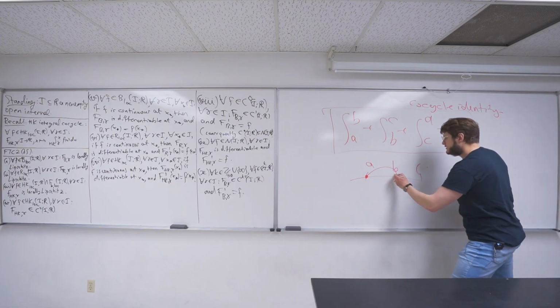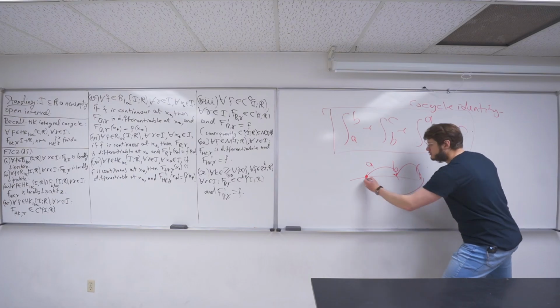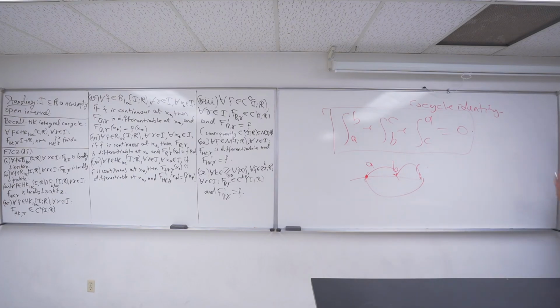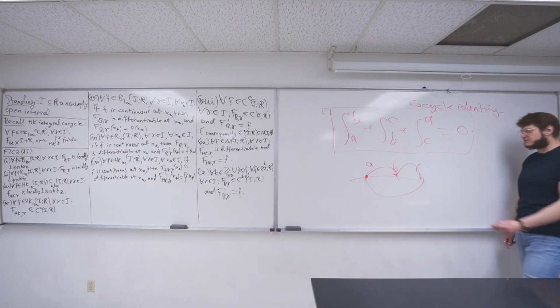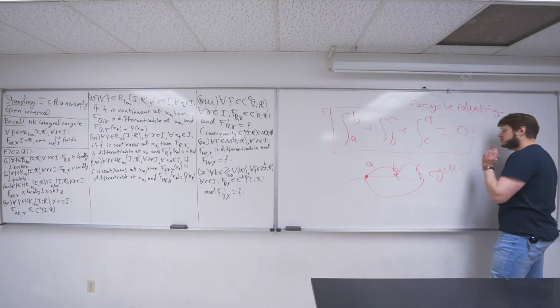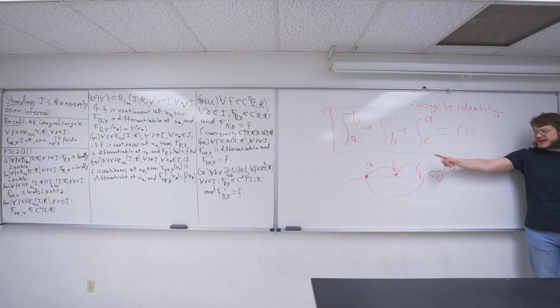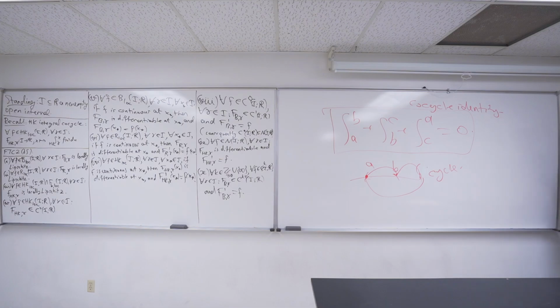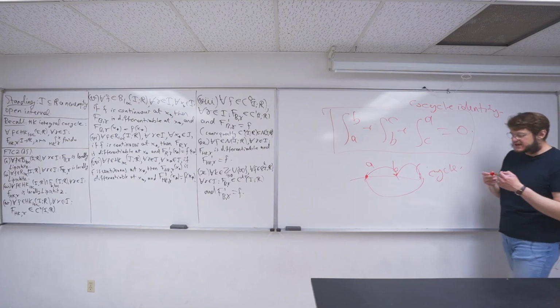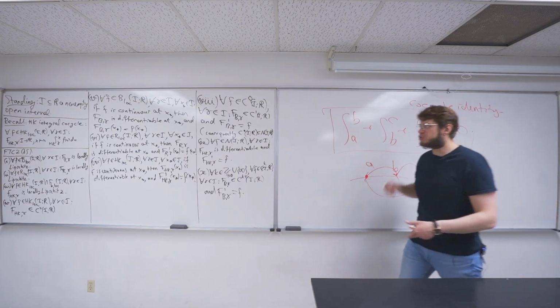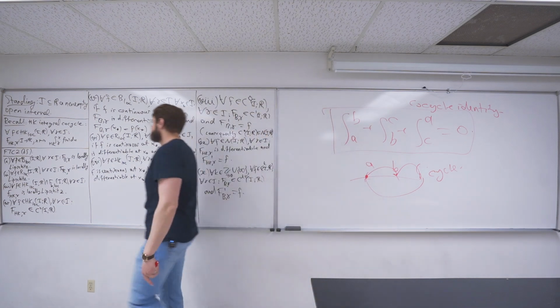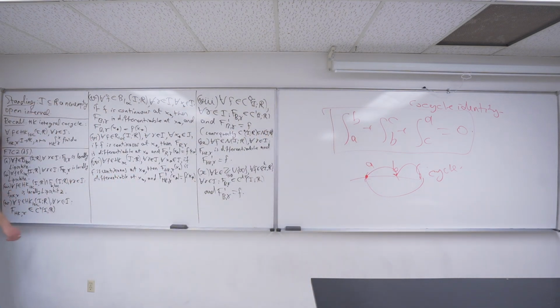You start here, and then you go there, and then you go there, and then you return. Whenever you have something like a loop like this, that's called a cycle. Okay? A cocycle is something that zeroes out over cycles. That's sort of the general idea. And that's why I'm calling this the cocycle. Not that it matters what it's called, but never mind.